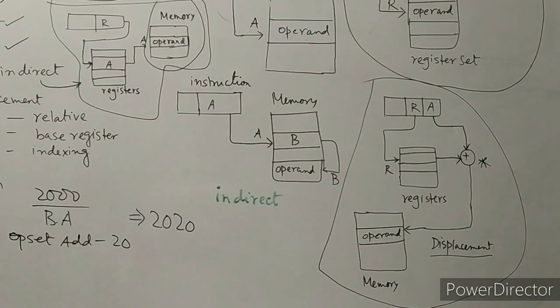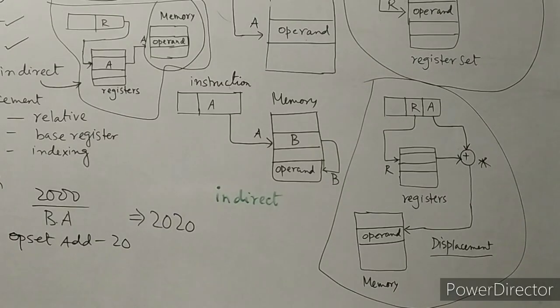A was the starting base address of the array, and 4 and 5 were the indexes of this array. If you add the base address and the index, you get the physical address. The same thing happens here. A contains the base address and R contains the index value. Adding them gives you the physical address.